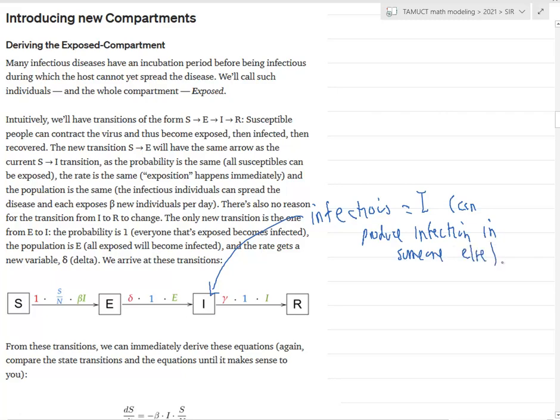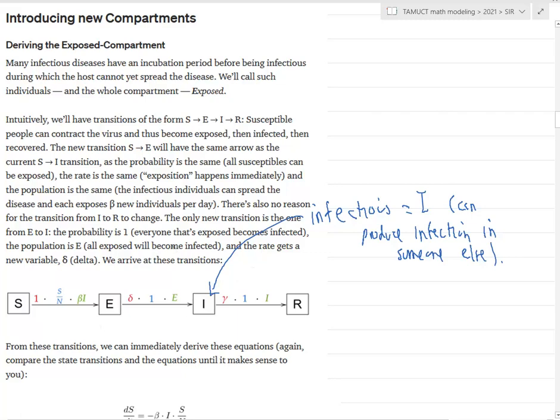So this model draws a distinction between people who have basically been infected but are not infectious and the infectious. So I have been saying that I is infected. Technically, I should say that I represents the infectious. All right. So in this case, we have a transition from S to E to I to R.